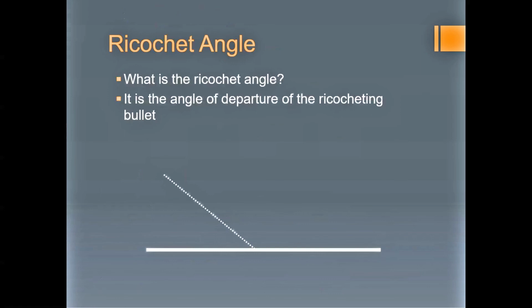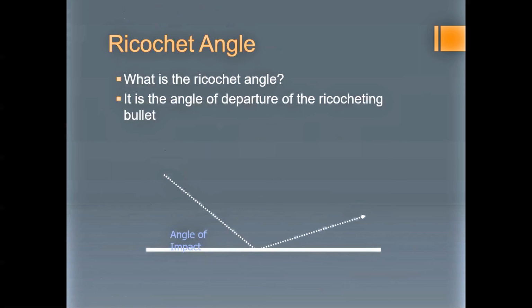Okay, so here, let's pretend that over in this area right here, this is where your gun's being fired, right? So this is the bullet exiting the muzzle, and it comes down and strikes the surface, right? That's your angle of impact, the angle at which the bullet strikes the surface.